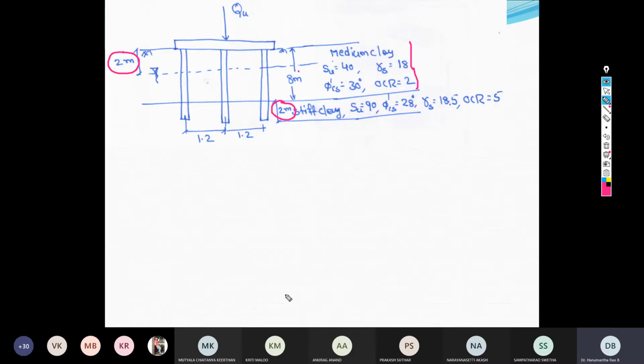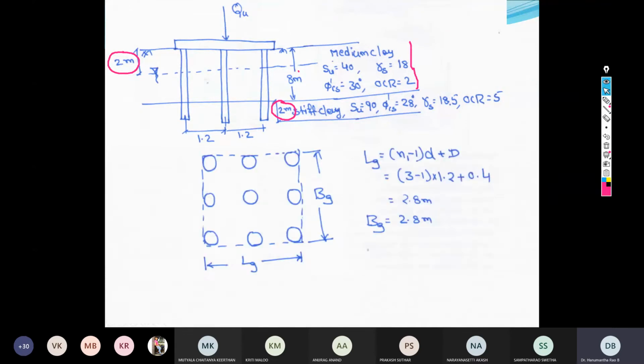Beta. Right. So since phi dash is given, over consolidation ratio has been given, therefore the appropriate and right method to be used is beta method. So let's try to see how the beta method is used.